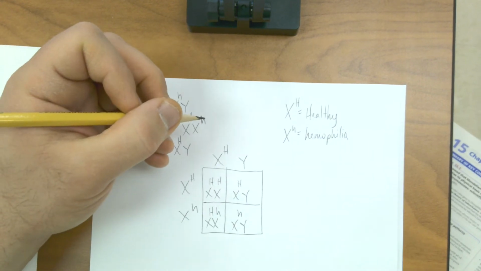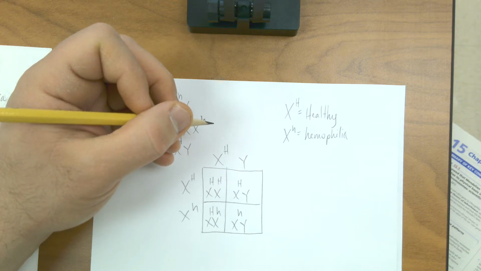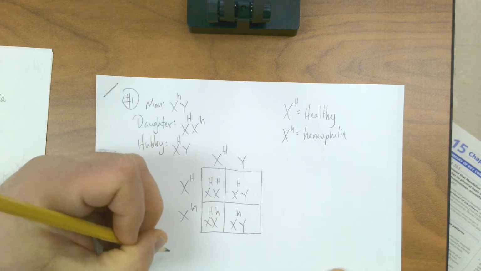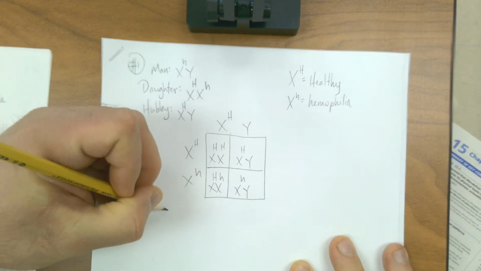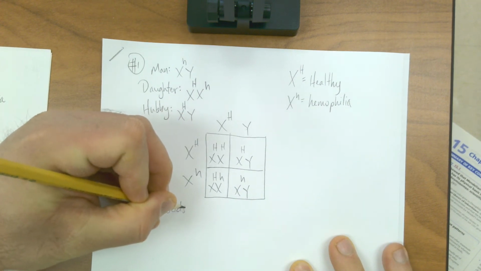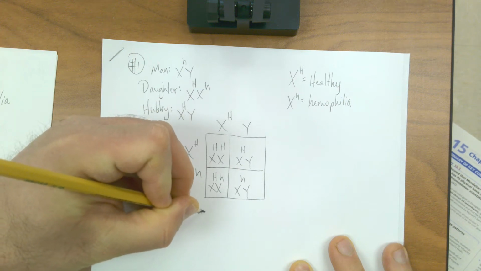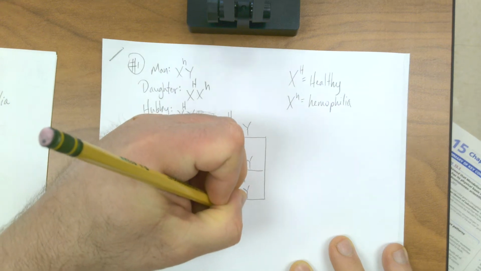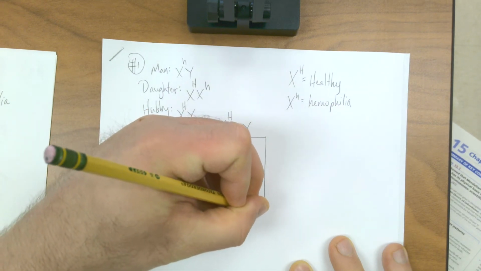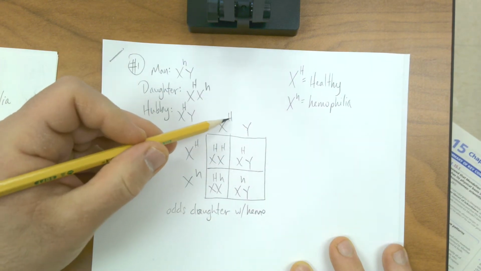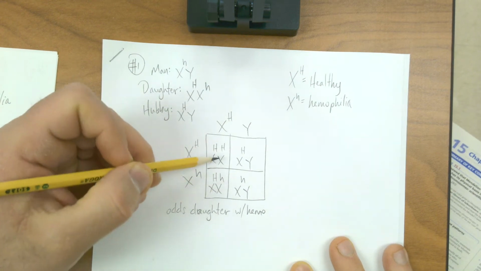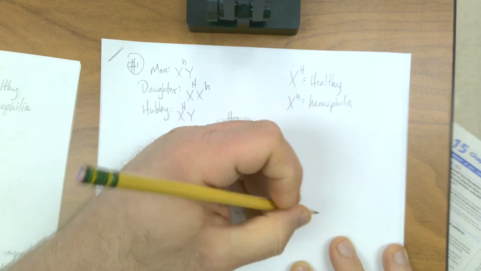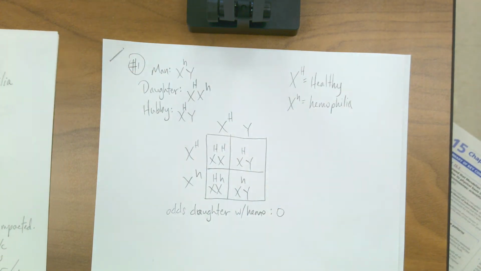Okay, so the first question, what is the probability that their daughter will have hemophilia? So we'll say odds that the daughter will have hemophilia. Well, if dad doesn't have hemophilia, he's only going to pass on a dominant allele. So the odds the daughter would have it, 0, no chance.